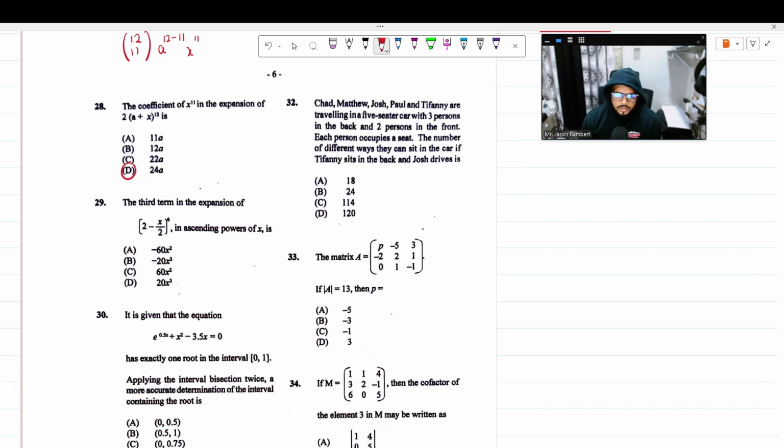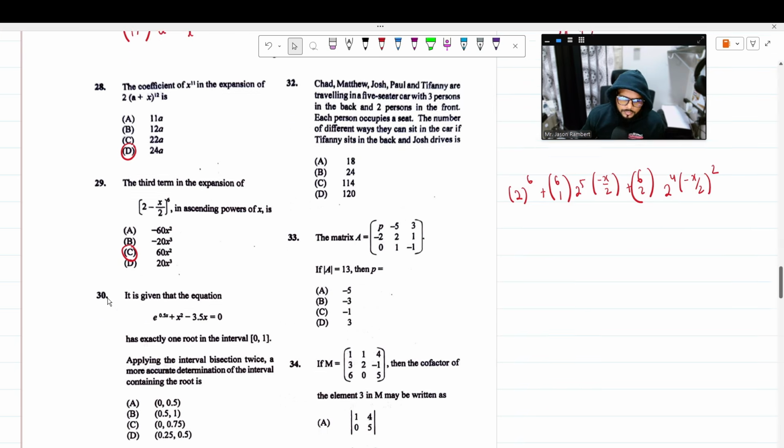So the third term is going to be 2 to the power of 6, plus 6c1 2 to the power of 5 minus x over 2, plus 6c2 2 to the power of 4 minus x over 2 squared. So I'm going to get a positive number and it's going to be a positive x squared. So the answer is C.